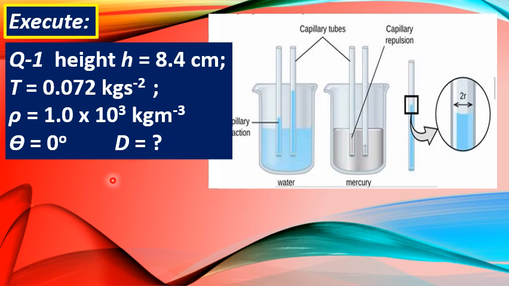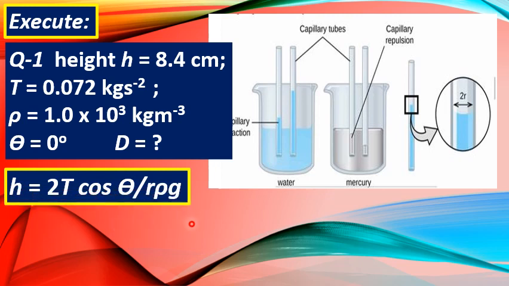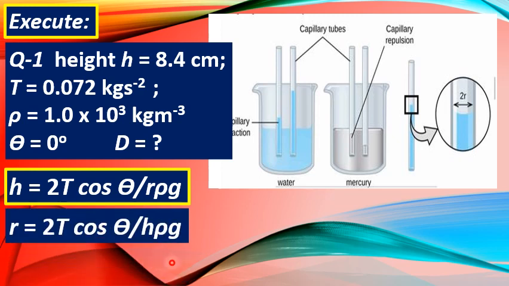Based on the height formula, we will isolate and come up with the working formula for the radius, small r, that is, the inner radius of the capillary tube.